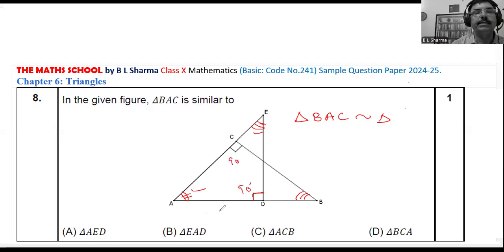So we can write triangle EAD is similar to triangle BAC. Therefore, B is the correct option.